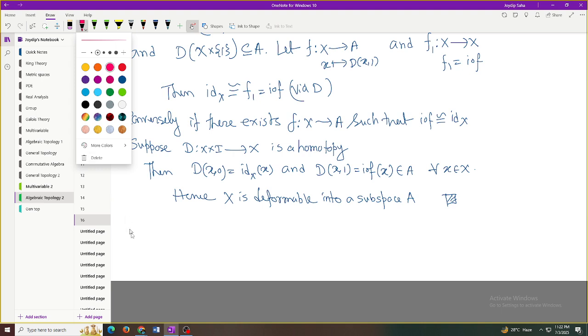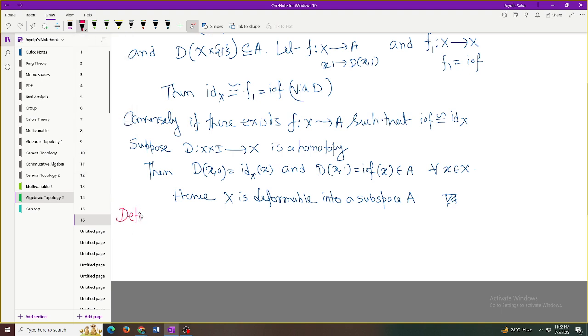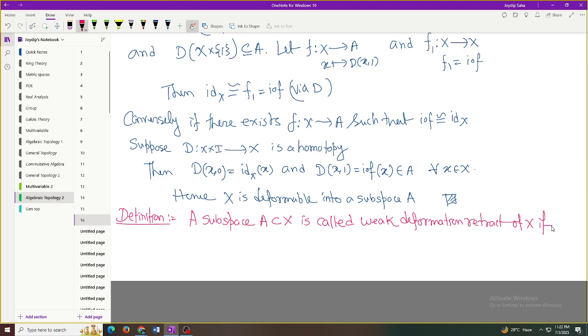Definition: a subspace A of X is called a weak deformation retract of X if the inclusion map is a homotopy equivalence.